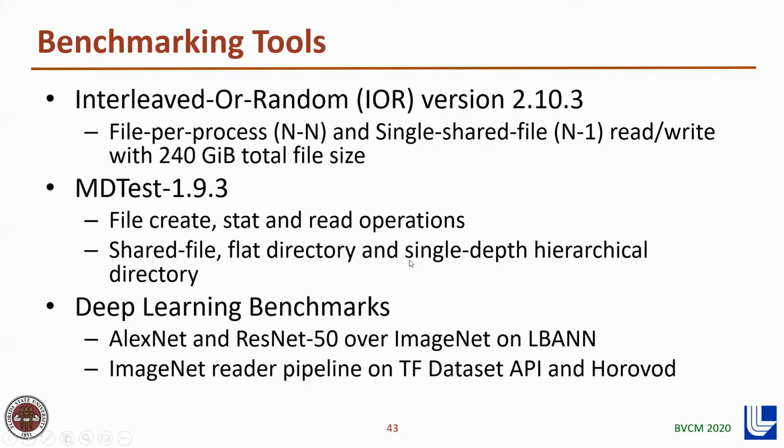And apart from that, we also had a single-depth hierarchical directory structure to replicate the ImageNet dataset directory structure. This is like segregating all the 0.4 million files into different subdirectories inside one parent directory. We'll go into more detail when we discuss the results in the next few slides.